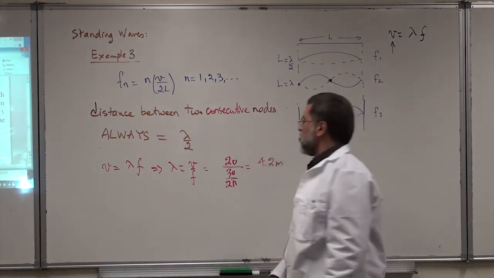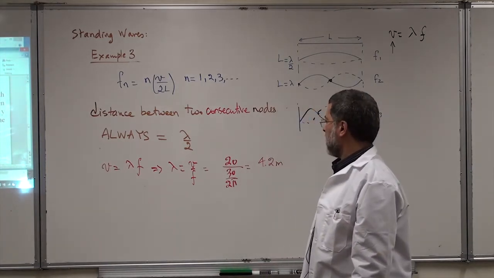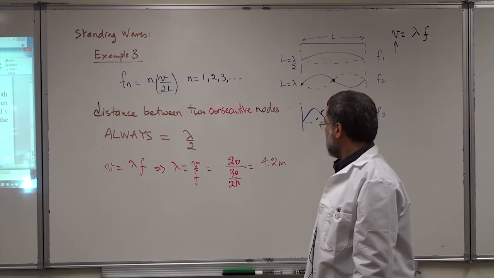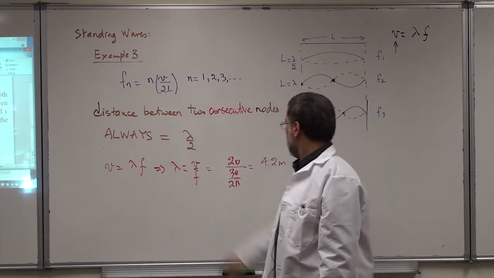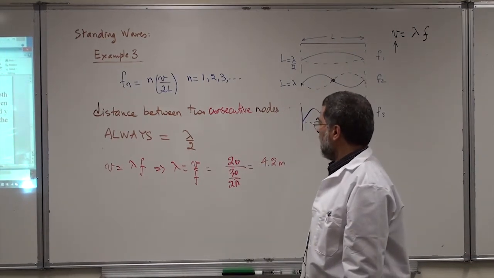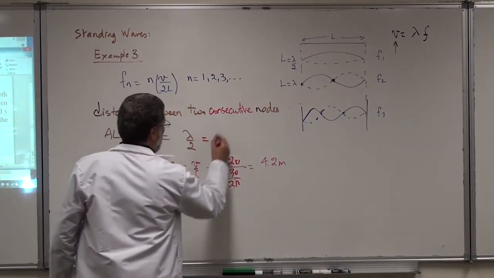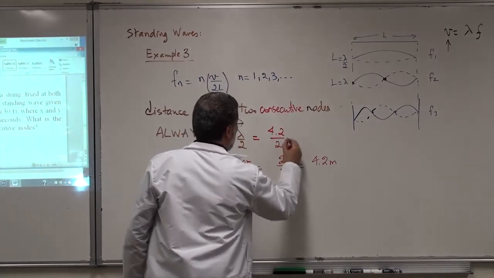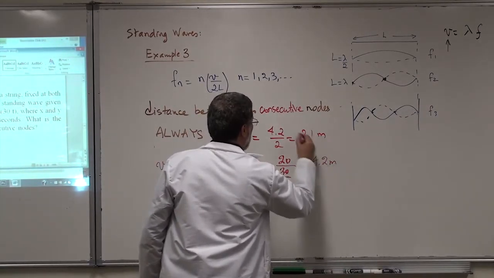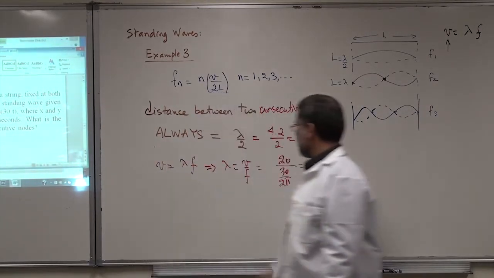That's the wavelength in this specific problem. Now, if I divide this by 2 to get the distance between two nodes, this will be 4.2 over 2, which is 2.1 meter. That's the distance between two nodes.